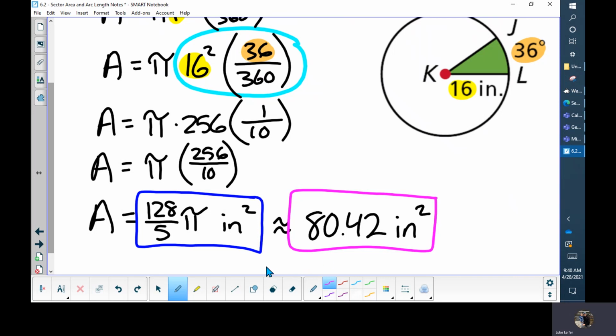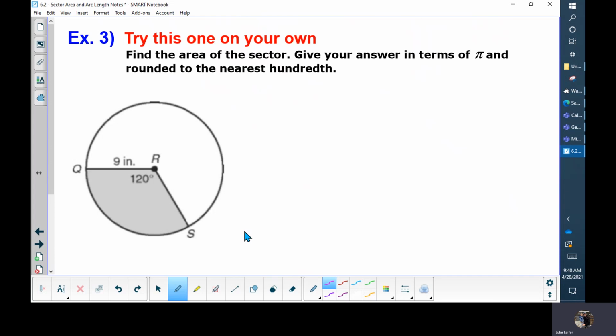Okay, let's do this next one where I don't do all this. I'm just going to go from here to here. Try this one without me. Give it a shot. See what you get.